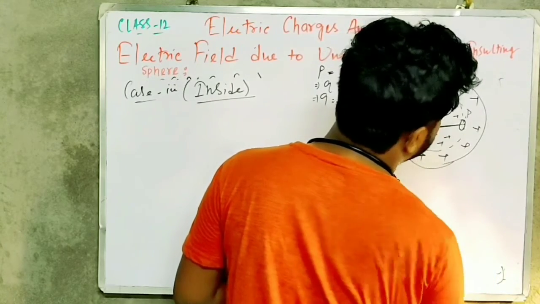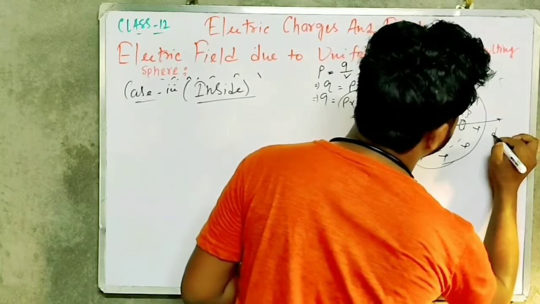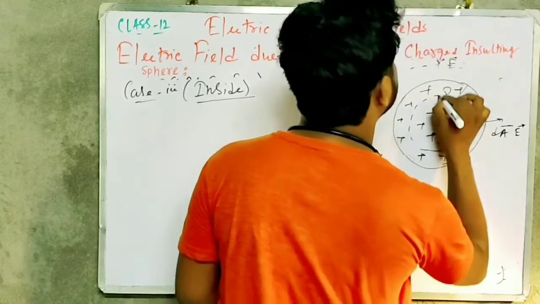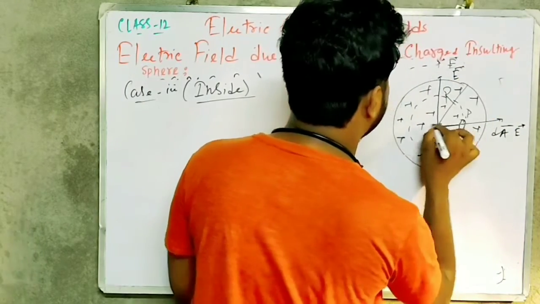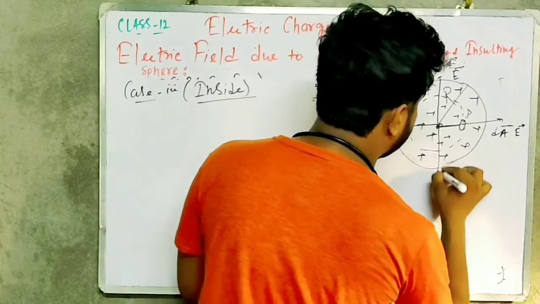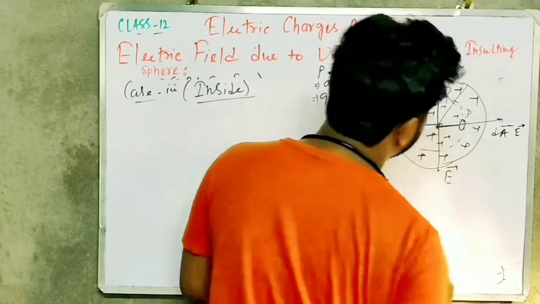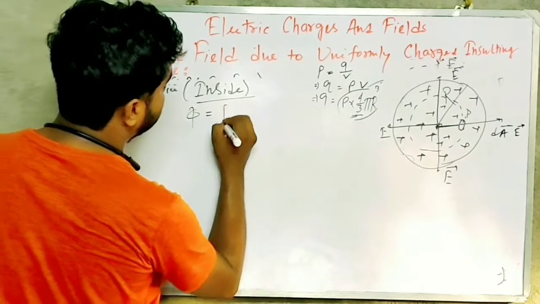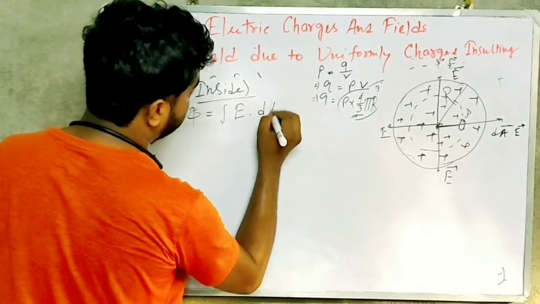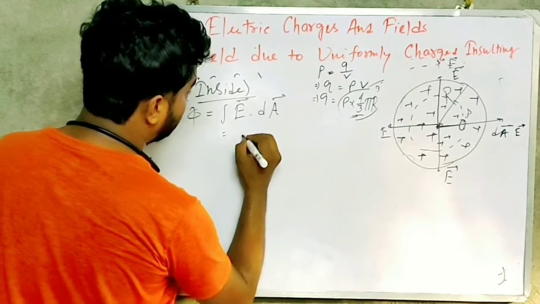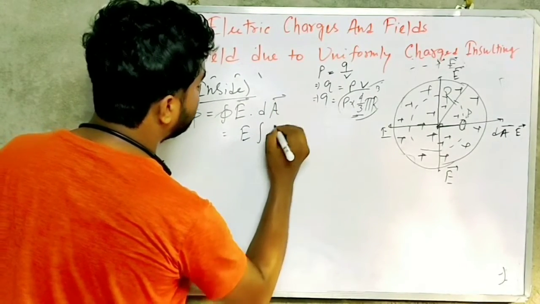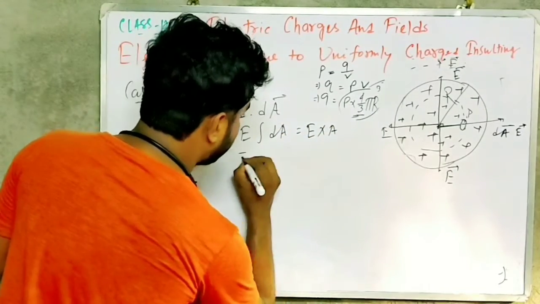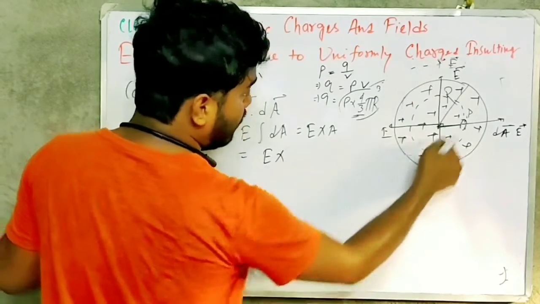At a point we consider a surface area dA, which is directed radially outward, and the electric field here is also directed outward. Here also same, here also same, and the magnitude of the electric field is the same at every point. So phi equals the integral of E dot dA, same method, closed integration, E outside and the integration of dA is equal to E into A, and this area will be the area of the Gaussian surface.